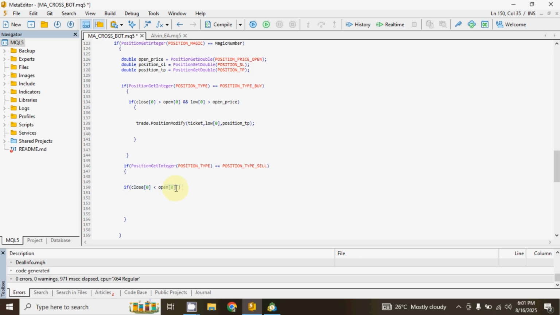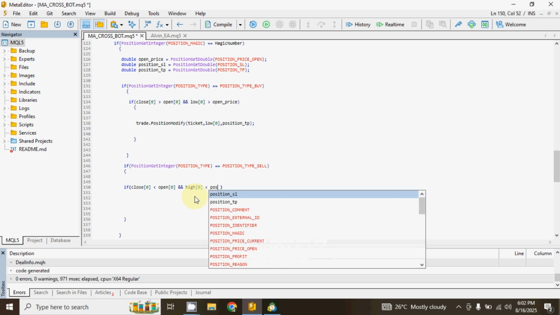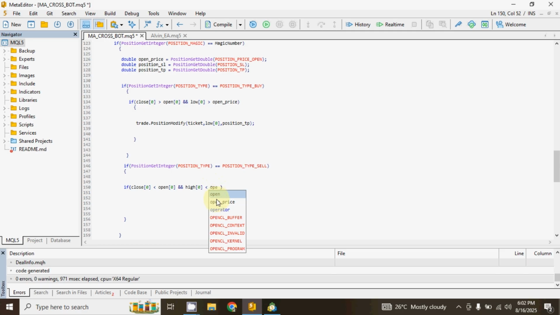The last bar is a bearish bar. If it is a bearish bar, and the high of that bearish bar is below the open price of that position, right? What should the bot do?